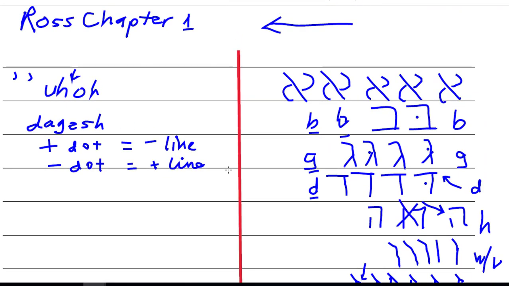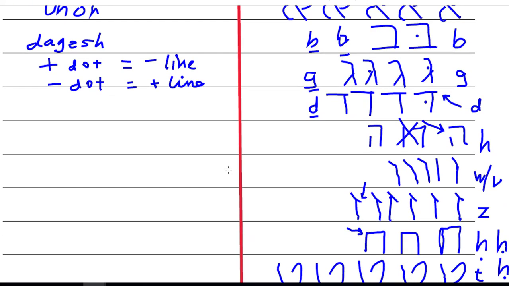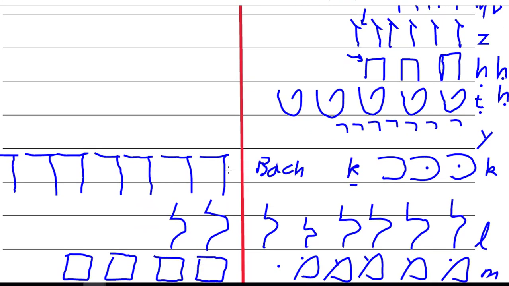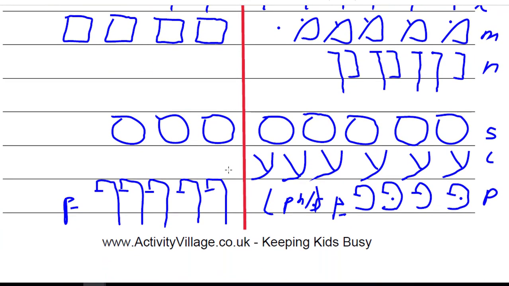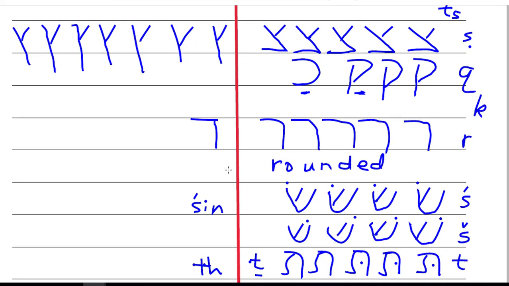We have Aleph, Bet, Gimel, Dalet, He, Vav, Zayin, Chet, Tet, Yod, Kaph, Lamed, Mem, Nun, Samekh, Ayin, Pe, Tsadi, Qoph, Resh, Sin, Shin, Tav.